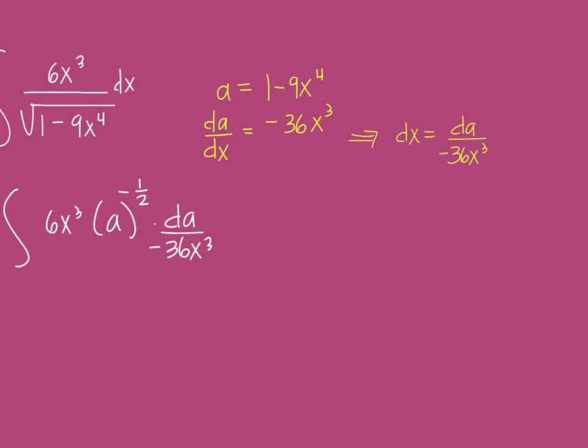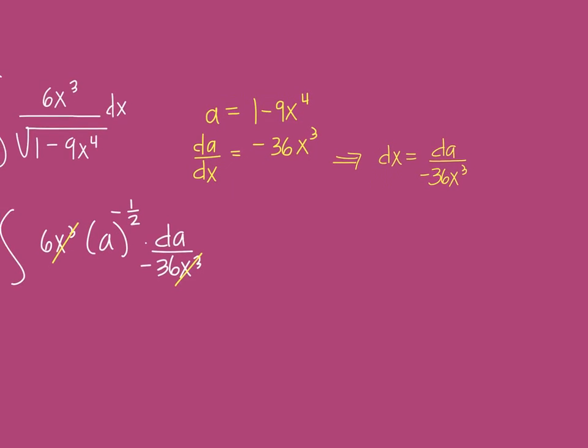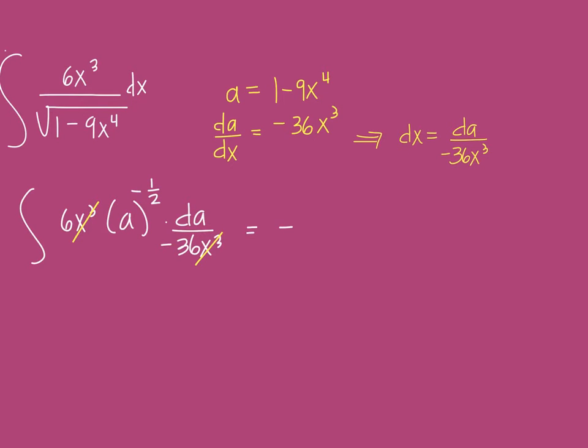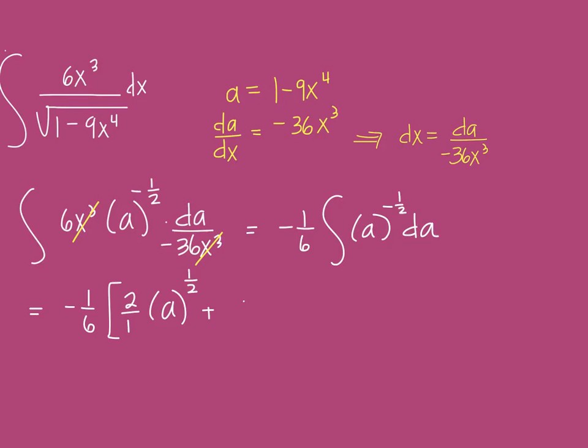So all in all, my x cubes reduce, and I can pull out a negative 1/6 as a constant in front of A to the negative 1/2 dA. Now this is something I can integrate. So that will give me negative 1/6 times the integral of A to the positive half: raise my power up, multiply by the reciprocal of my new power, add a plus c.